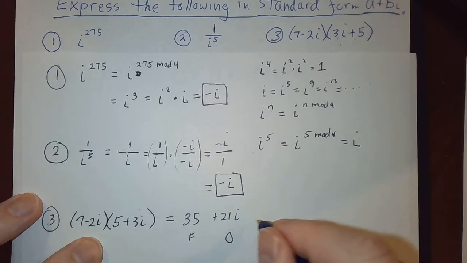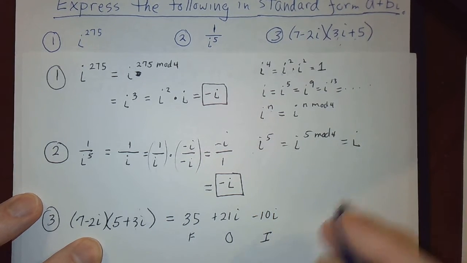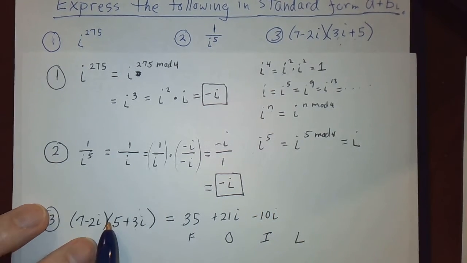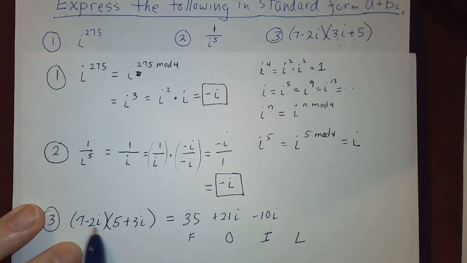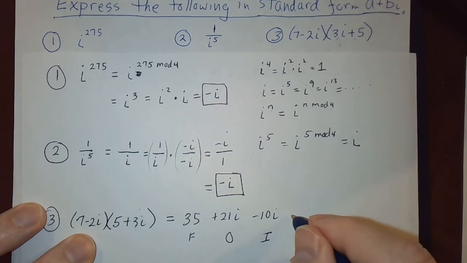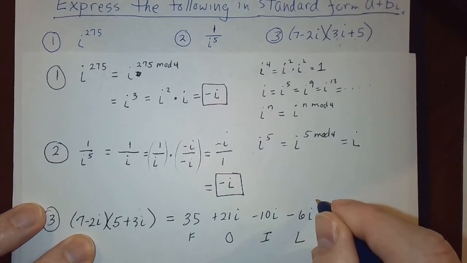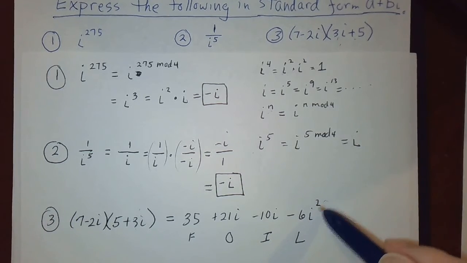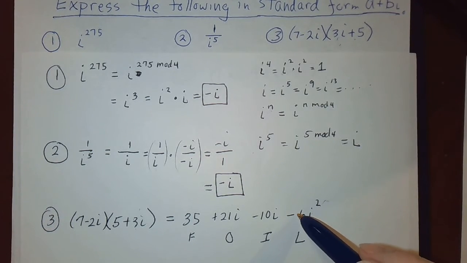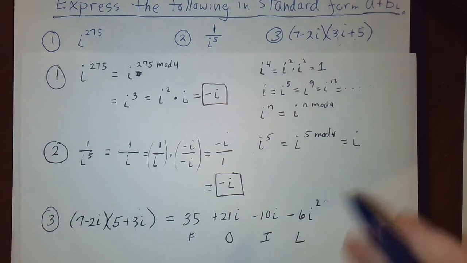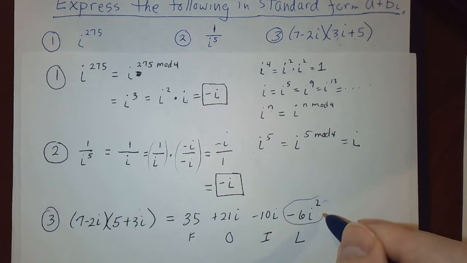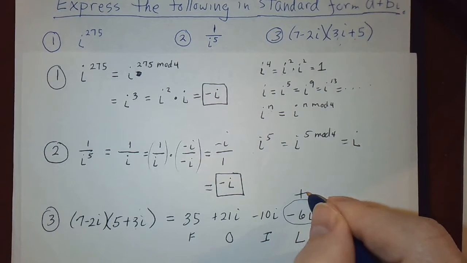Inner will be minus 10i. And the last, it's going to be a negative 6i squared. But remember that i squared is just negative 1. So negative 6 times negative 1, this whole thing right here is a positive 6.